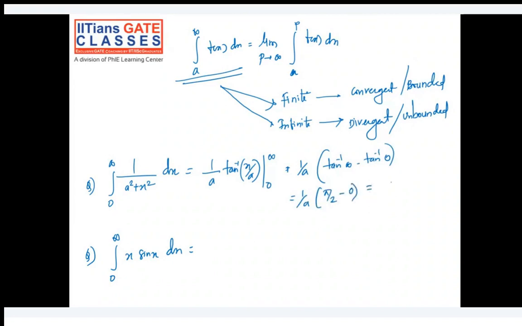What about the second? So it's integration by parts, you know. Let me just bring it to the next page. Whenever you have integration of u into v dx, it is u times integration of v, minus integration of u dash times integration of v.